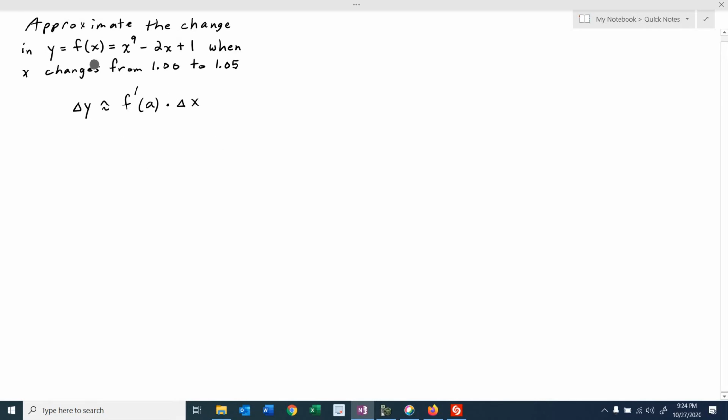That's how we're going to approximate the change in the y value. Okay, so we need f prime evaluated at a. First of all, a is equal to 1 here. And the change in x would be the difference between these two x values, so that's 0.05.